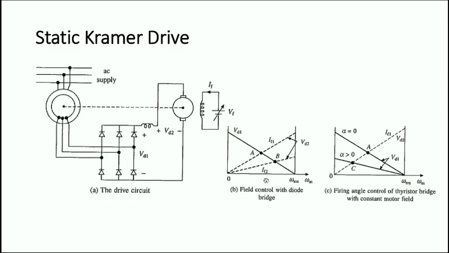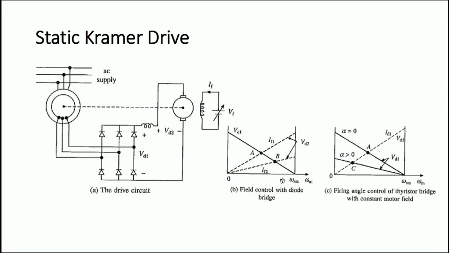So if you are changing the flux, sorry, field current or flux, from IF1 to IF2, the speed is varying from this point to this point. That means speed is increasing.